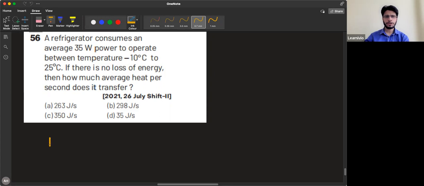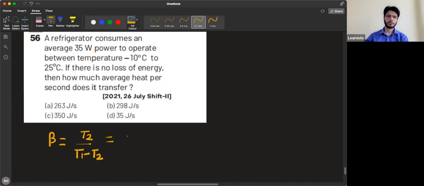Pradarshini, can you tell me the formula of this coefficient of performance in terms of temperature? Beta in terms of temperature. So beta is T2 by T1 minus T2. How much is T2 here?